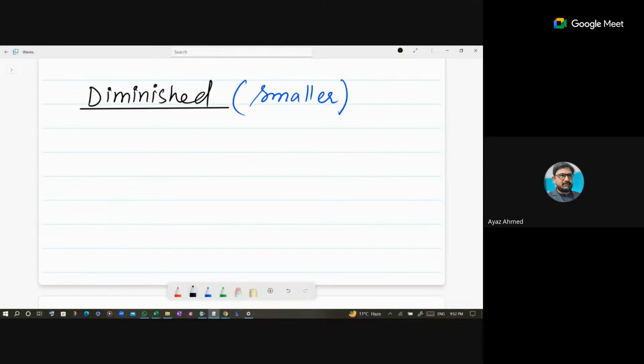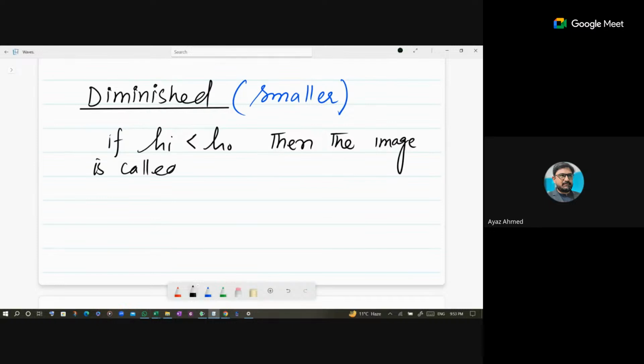Yes, diminish means go away, get smaller. So diminish means smaller, right? So if the height of the image appears smaller than the height of the object, then the image is called diminished, or smaller.